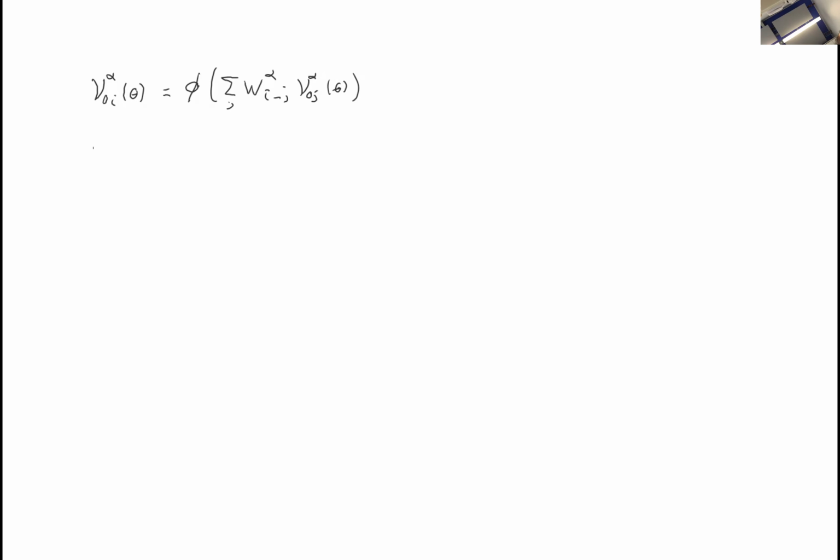So we have d theta of nu 0 i alpha of theta equals, to use the chain rule, phi i prime. Remember, phi i prime is just a derivative evaluated at this point. Phi i prime times w i minus j alpha d theta of nu 0 j alpha of theta.